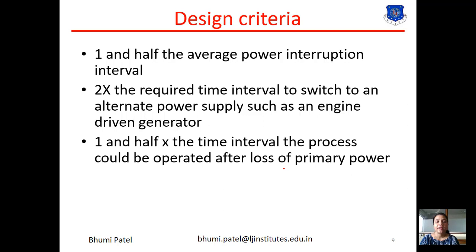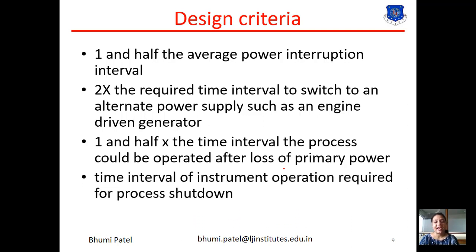Next one is 1.5x the time interval the process could be operated after loss of primary power. Whenever the input power or primary power is lost, we can set the time interval as 1.5x. The fourth one is the time interval of instrument operation required for process shutdown.